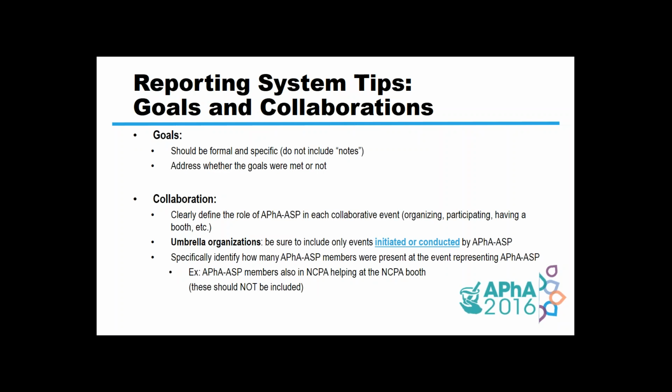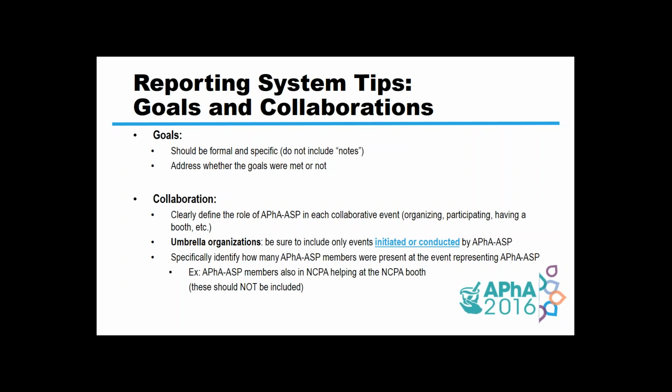Whenever you're telling us about your goals, make sure that they are formal and specific, and also address whether or not the goals were met. We also really want you to collaborate with other organizations, and when you're collaborating with other organizations, be sure to clearly define the role of APhA-ASP within each collaborative event.